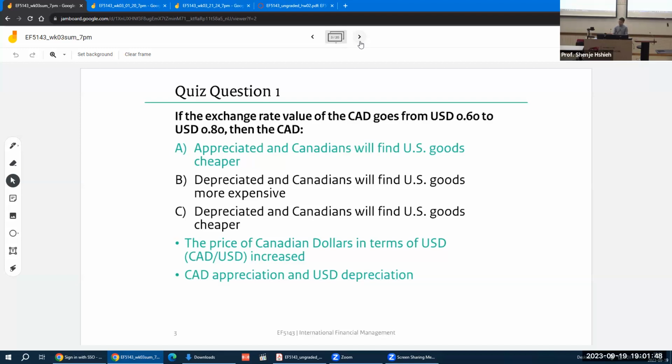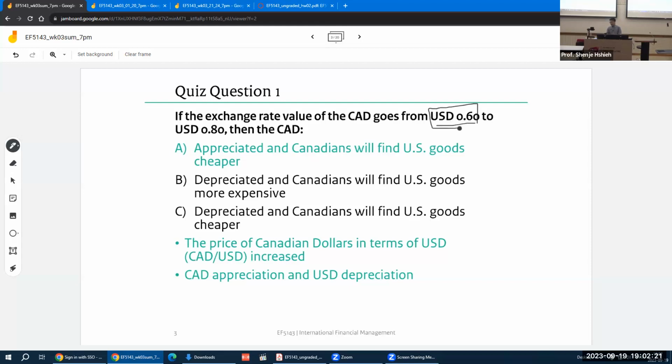If the exchange rate value of Canadian dollars, that's what CAD stands for, goes from 60 cents to 80 cents US dollars, then the Canadian dollar: A, appreciated and Canadians will find US goods cheaper; B, depreciated and Canadians will find US goods more expensive; or C, depreciated and Canadians will find US goods cheaper. So this is just a test of whether you understand what these terms basically mean.